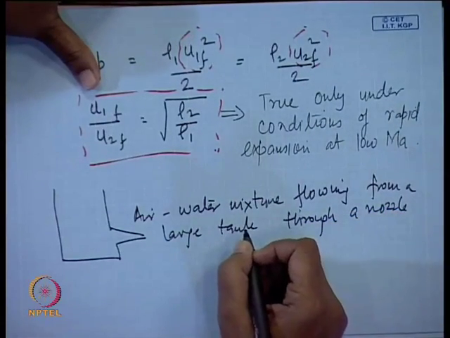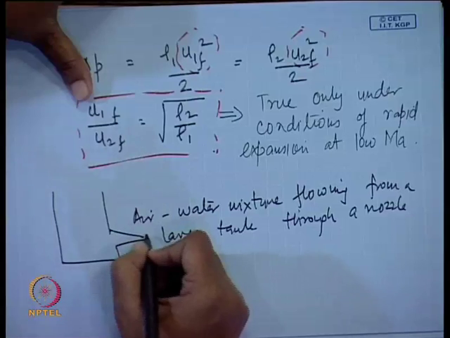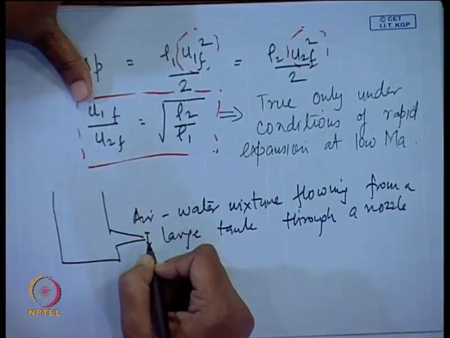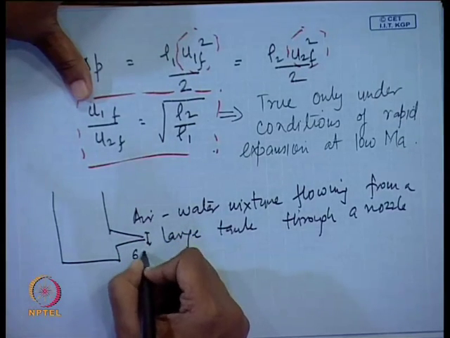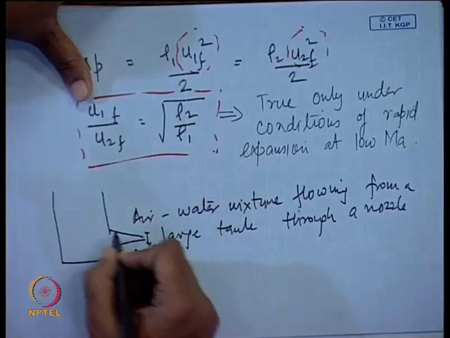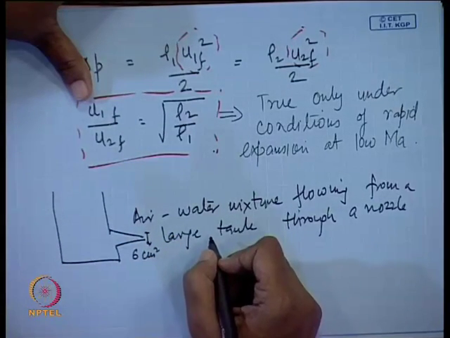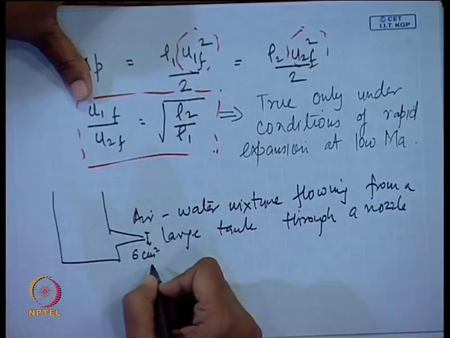The nozzle's cross sectional area is 6 centimeter square.